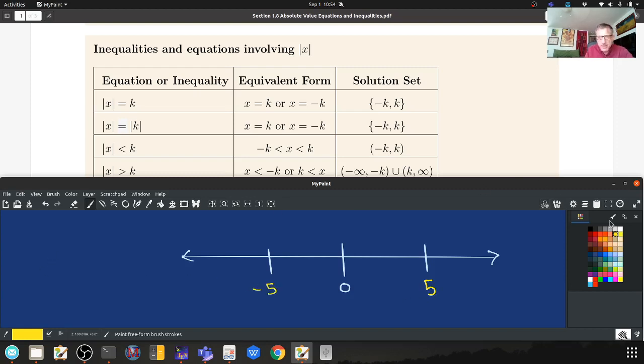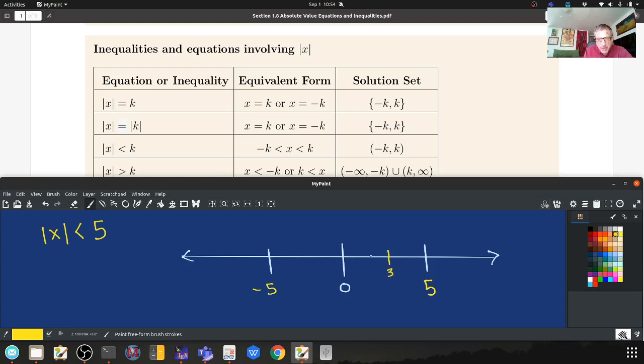So what does it mean? What kind of values of x, when I take its absolute value, is going to be less than 5? Well, let's look at 3.